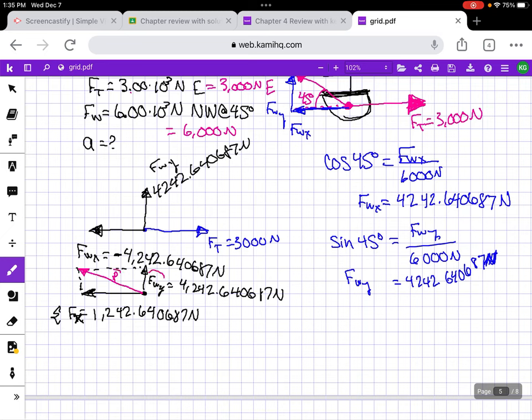If we have A and B for the Pythagorean theorem, we can find the C. So we're going to square the net force in the x and square the force in the y, then add them together and find the square root. So I'm just going to type it on my calculator because I don't want to spell this out. And this is the resultant force that I'm looking for.